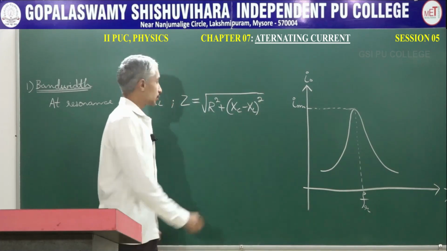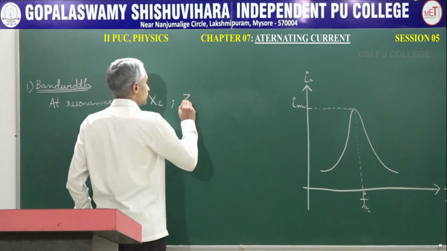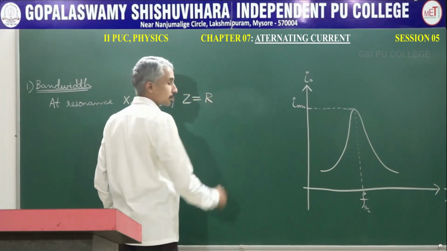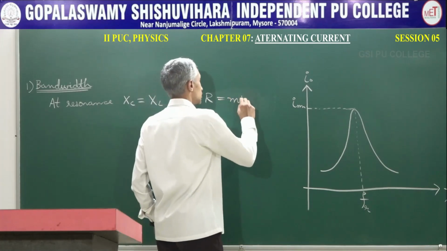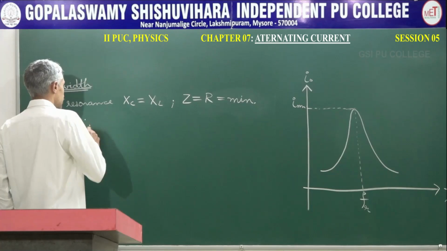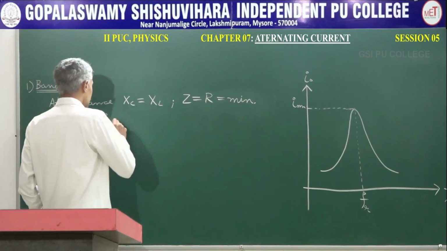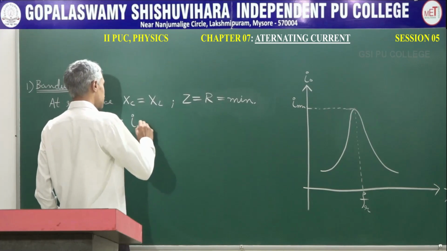As XC and XL are equal, this term becomes 0 and we get the impedance equal to the resistance, and this is the minimum value of impedance in the circuit. Therefore, the peak current in the circuit will be maximum.